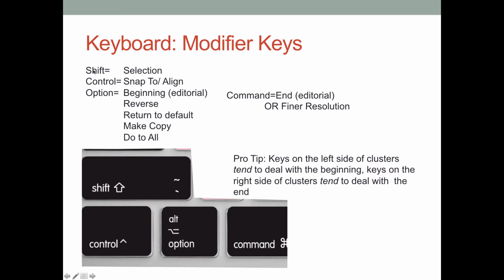If you ever get a question that says, how do you extend a selection? Or how do you select from the cursor to the beginning of the session? Anytime you have a test question that has selection in it, what it means is you are going to need to use the shift key in that particular key command. These test questions are sort of like a game of Simon Says.